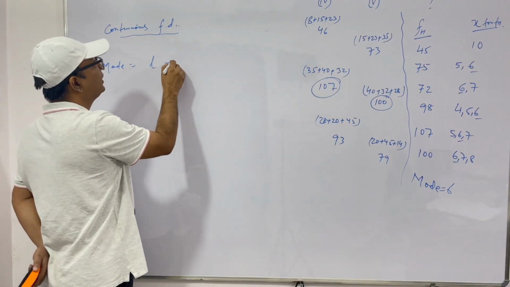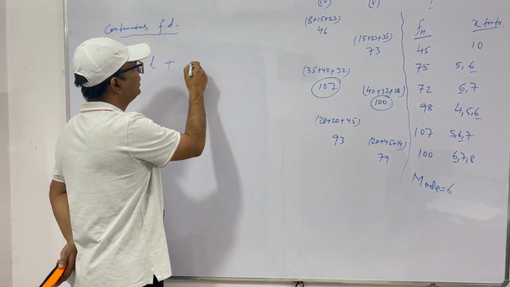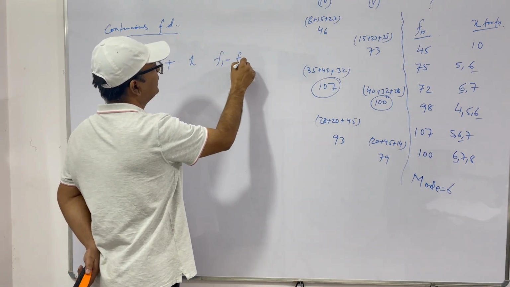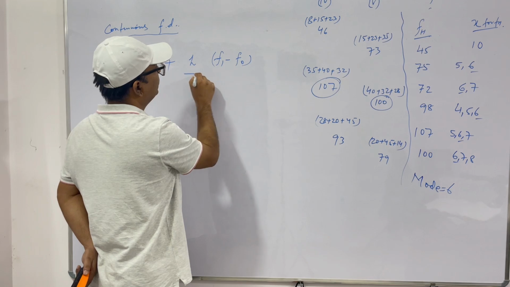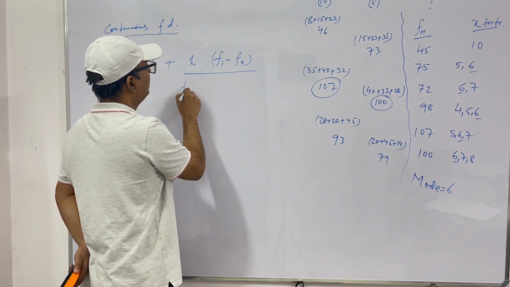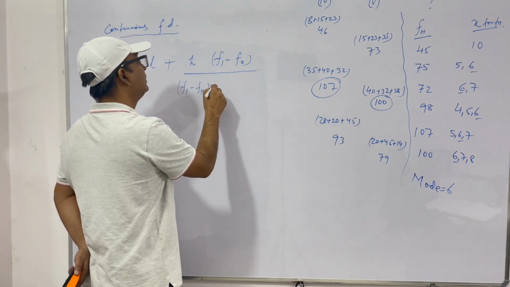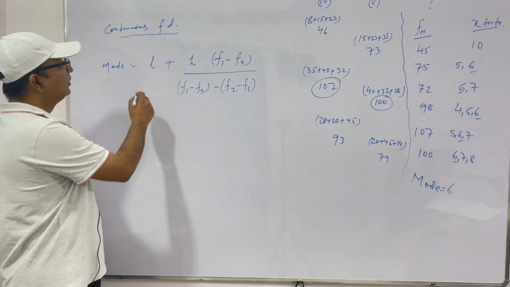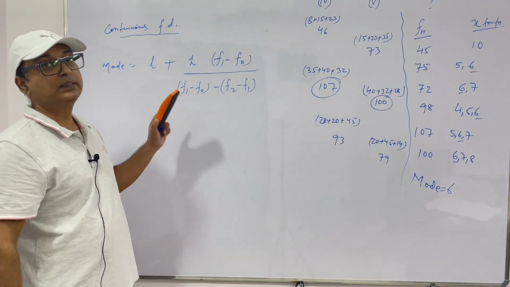The formula is L plus H times (F1 minus F0) divided by (F1 minus F0 minus (F2 minus F1)), where we use the modal class.